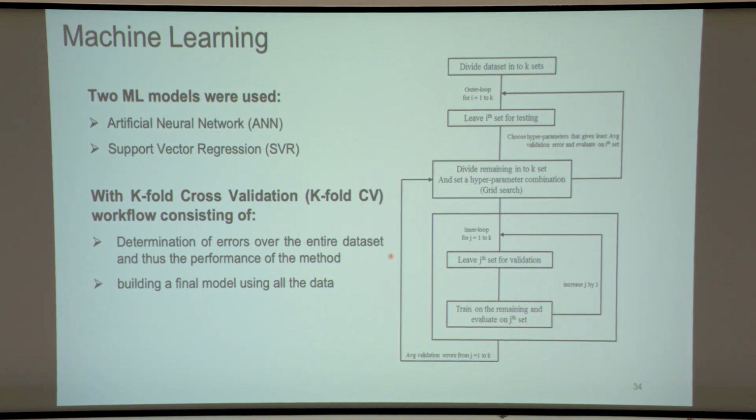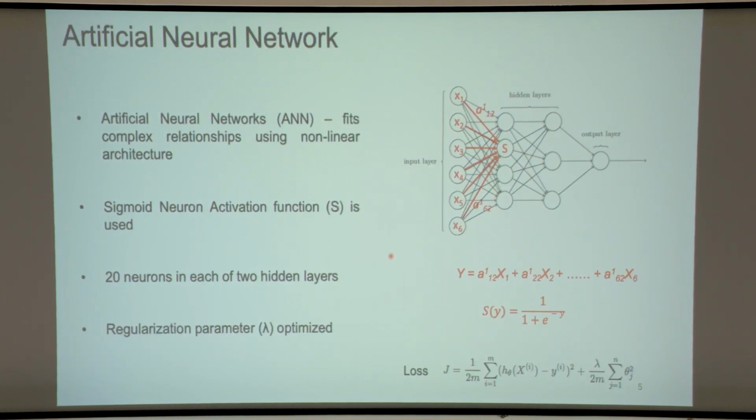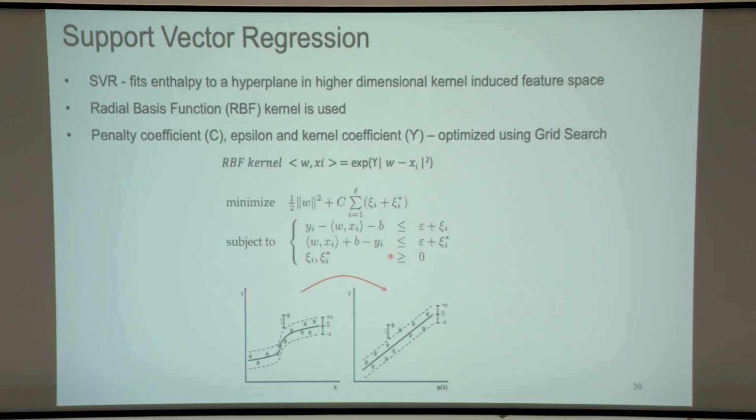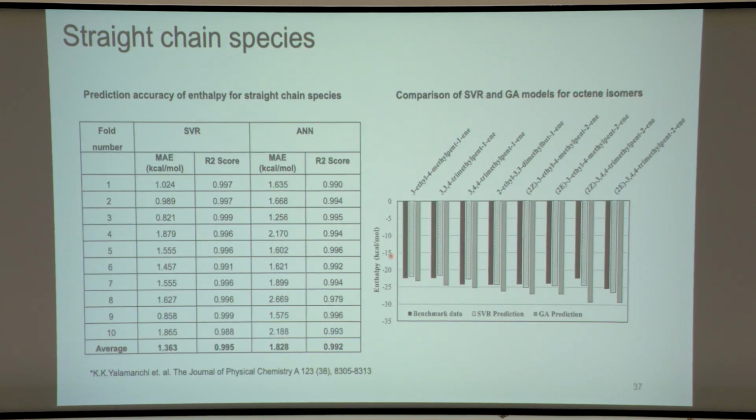You're using a simple artificial neural network, but you have to do proper training so you don't overtrain your model. One approach we use is what we call k-fold cross-validation, so you ensure that the weights in your model are not overtrained or overfitted. I'll just skip over a few of these. You can look at this later if you want. It's basically the principles of neural networks and support vector machines. But I want to show you more why these things are useful.